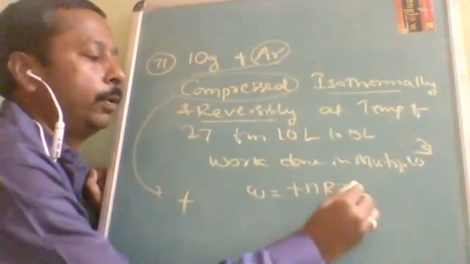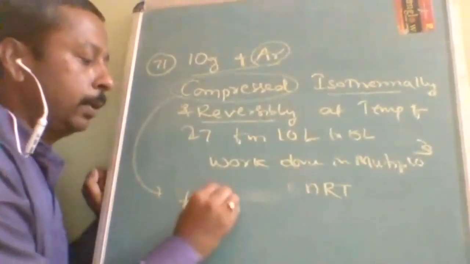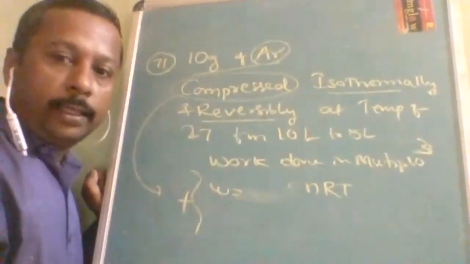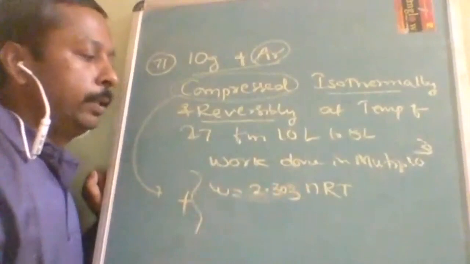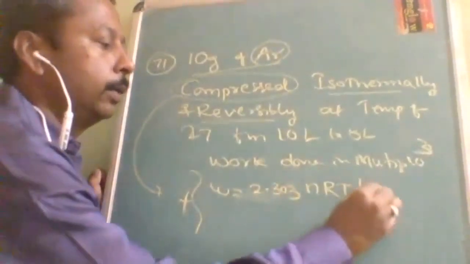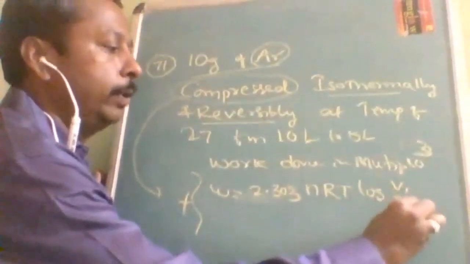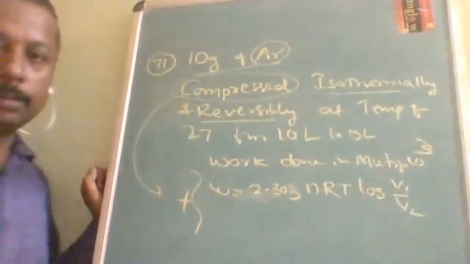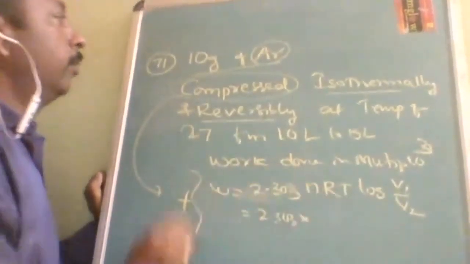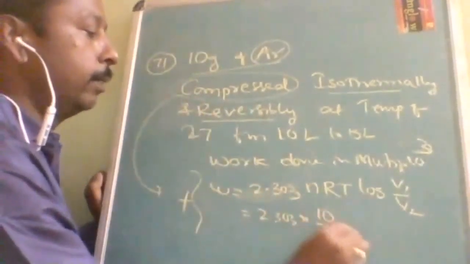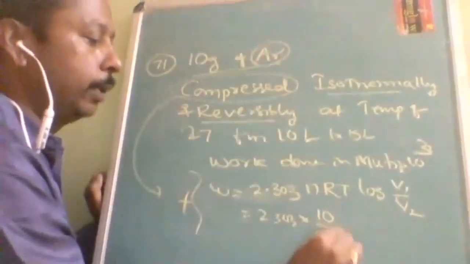If you want to use ln, there is no problem. If we want to use log, then 2.303 nRT log V1 by V2. Is it understood, students? So here 2.303, and the number of moles will be 10 divided by the molecular mass of argon, which is 40.